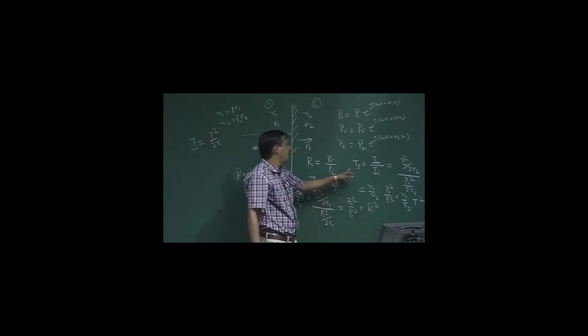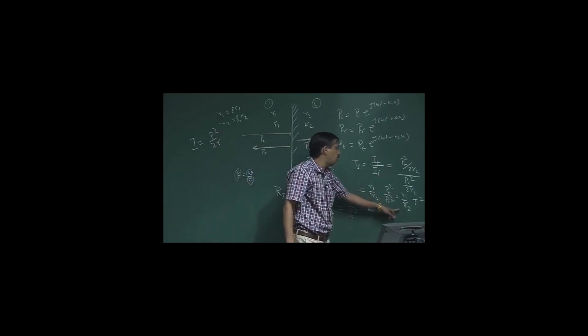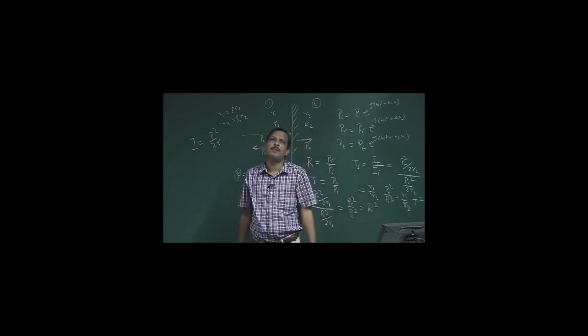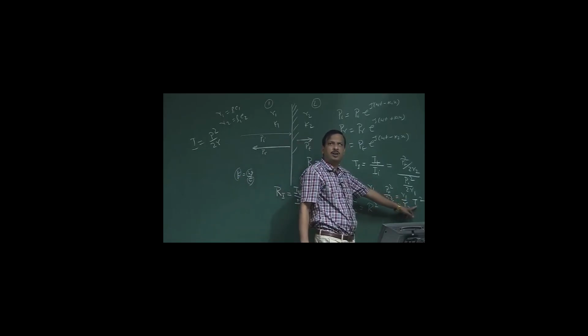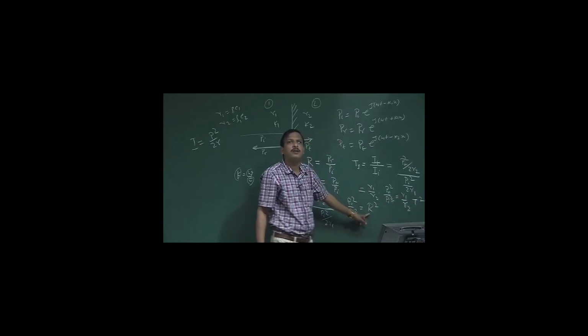So, it is nothing but PR square divided by PI square, which is R square. Okay. So, Ri is nothing but R square and Ti is nothing but R1 by R2 into T square, where T is the transmitted coefficient of the pressure and R is the reflected coefficient of the pressure.